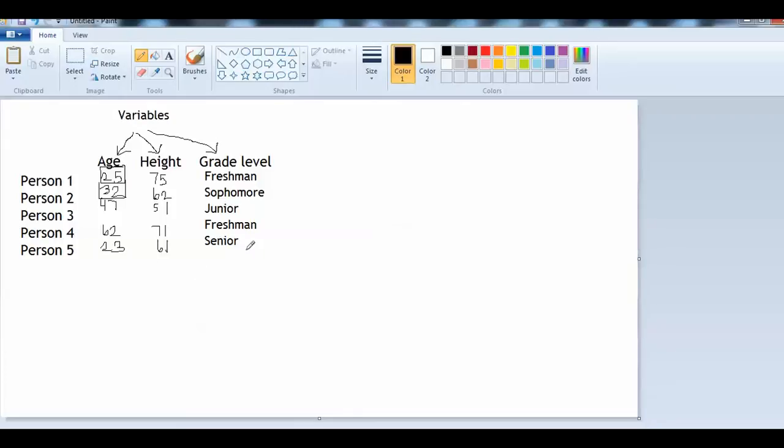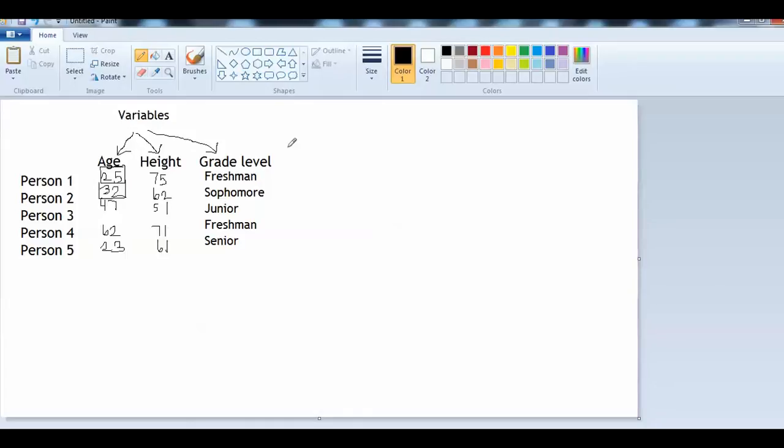So when a person uses the word data set, they're usually talking about the complete set of data that's been recorded in a certain data collection project. Once all of the data that the person wanted to record has been entered into a spreadsheet or on a piece of paper, then that completed collection of data is usually what's called a data set.